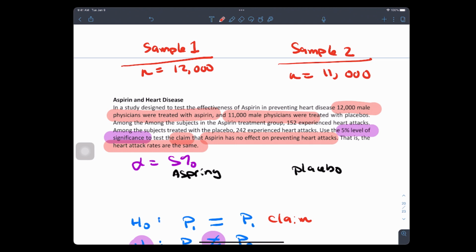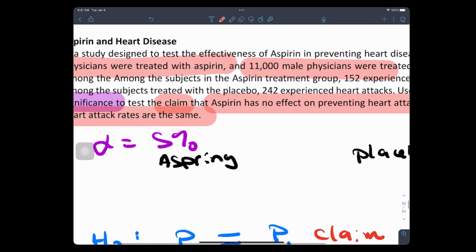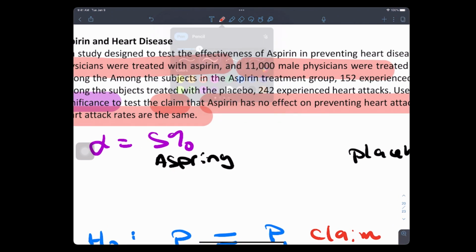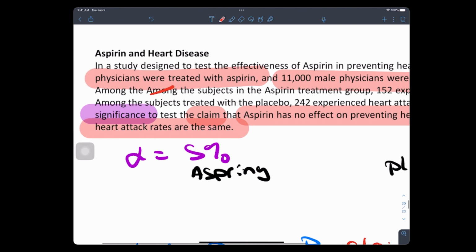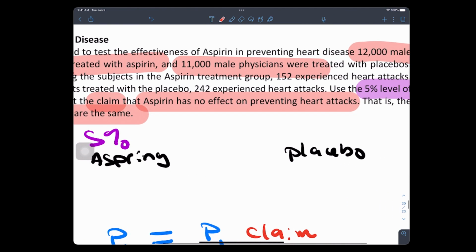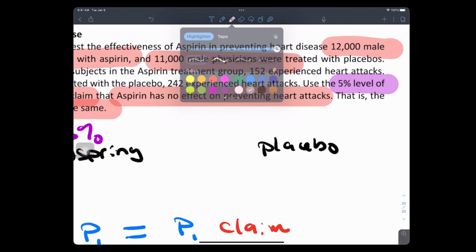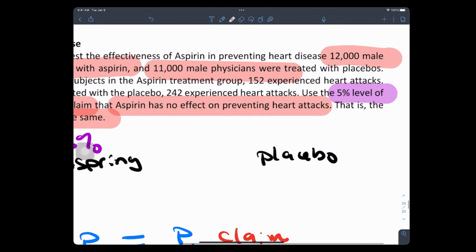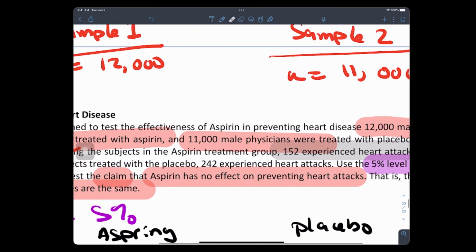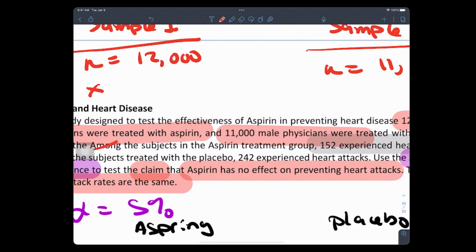Okay. Now what do they say? Among the subjects in the aspirin treatment group, what happened? 152 had heart attacks. This is the heart attack rate. This is successes. 152 had heart attacks.